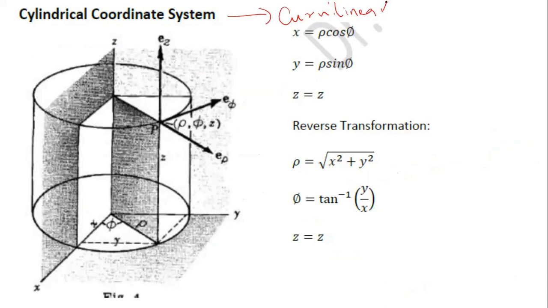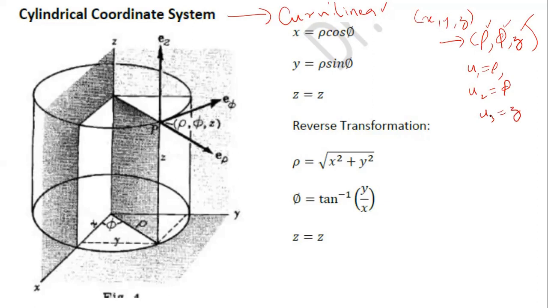In cylindrical system, in place of your x, y, z Cartesian system, you are using rho, phi, and z. So these are the coordinate variables of cylindrical system. That means here in this case, your u1 is rho, your second coordinate variable u2 is phi, and third coordinate variable u3 is z in this cylindrical coordinate system.